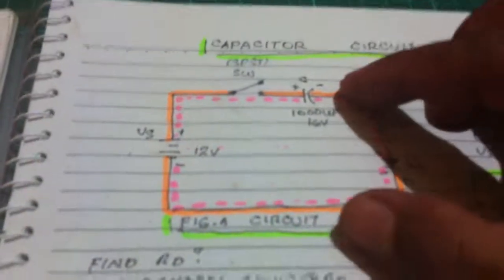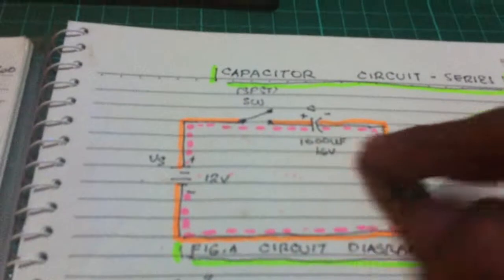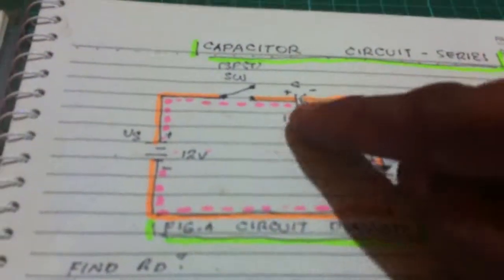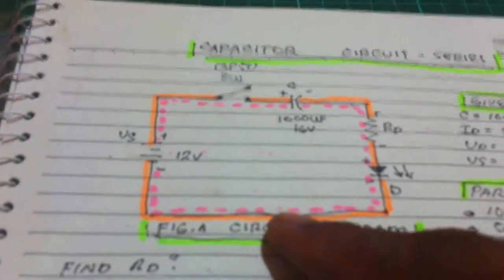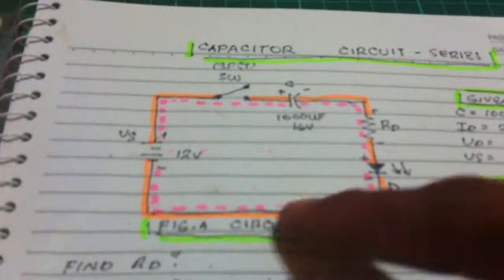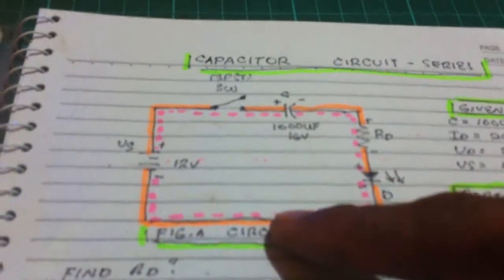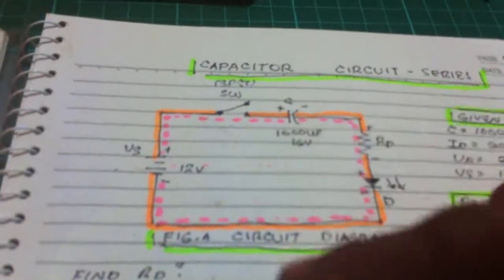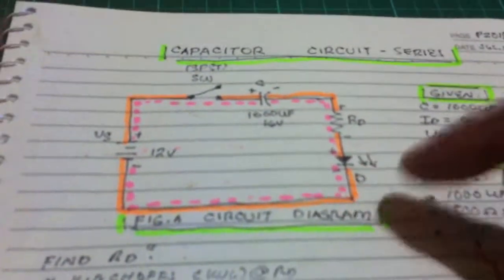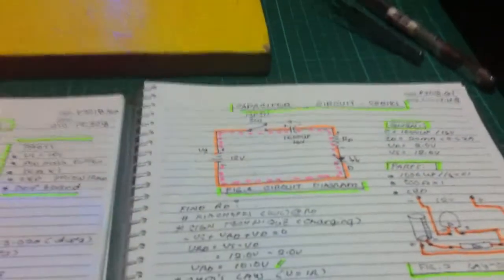So that is the effect of our capacitor in series with the LED. If you put a capacitor here, the same, it is in series, we get the same result if you place the capacitor here on the anode side of the LED. So that is our capacitor circuit.